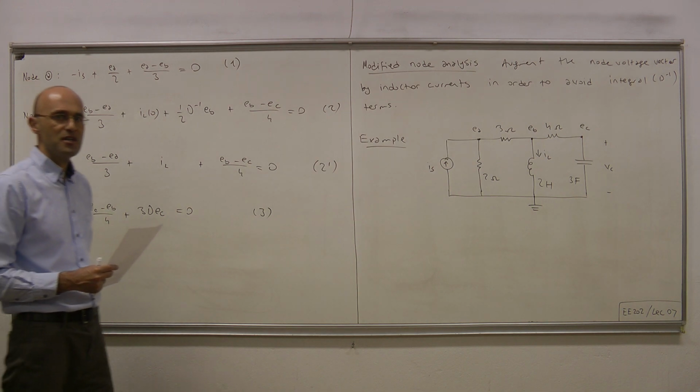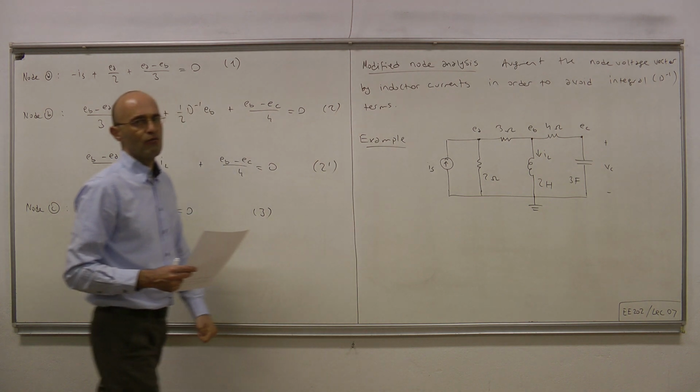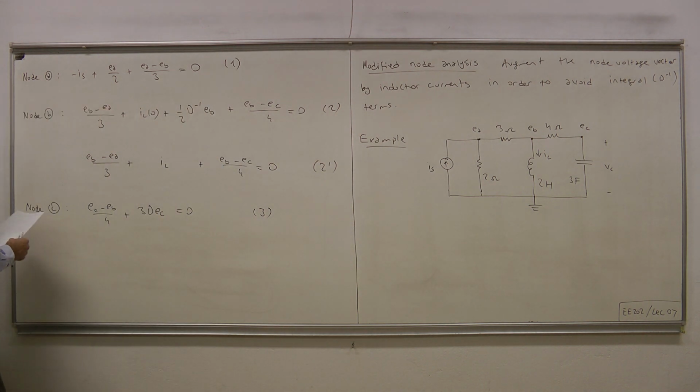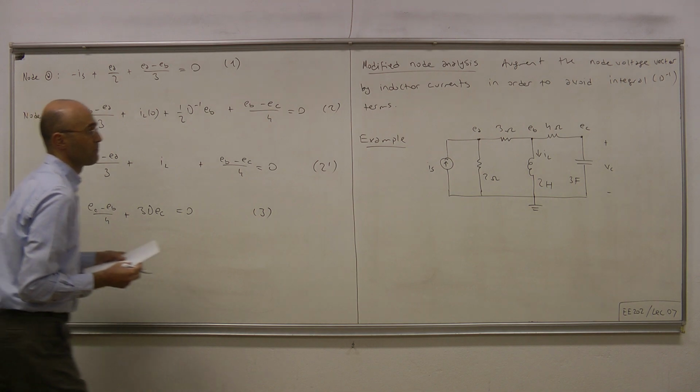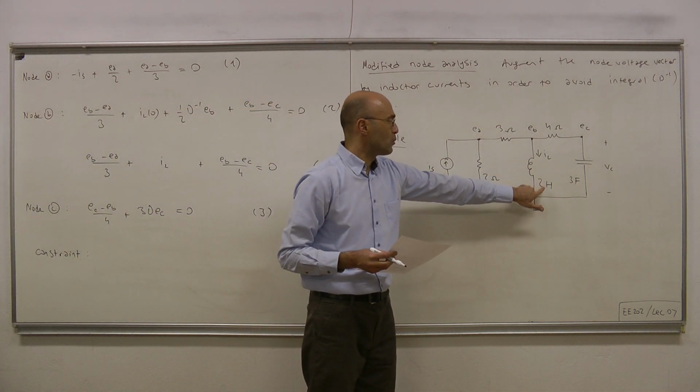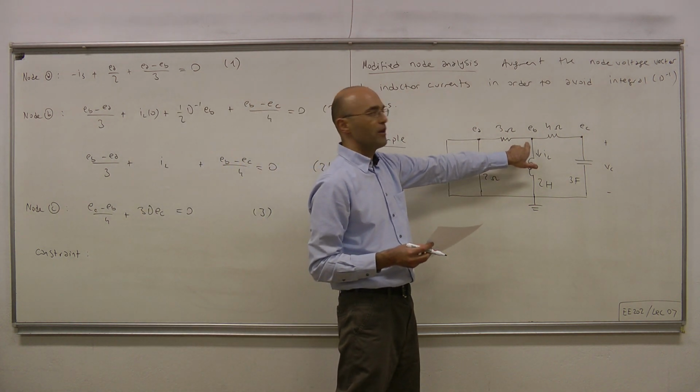And that 4th equation is no other than the terminal equation for the inductor. So let's write that down as constraint equation. Okay, which is inductor voltage equals 2 times DIL. Inductor voltage is no other than EB.